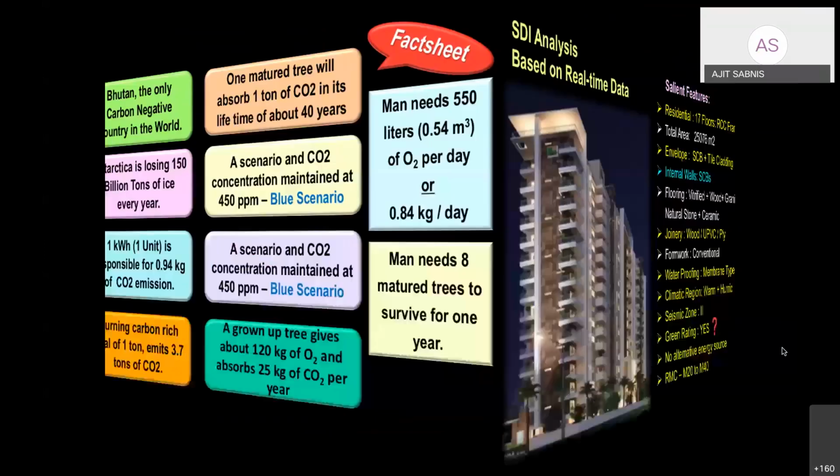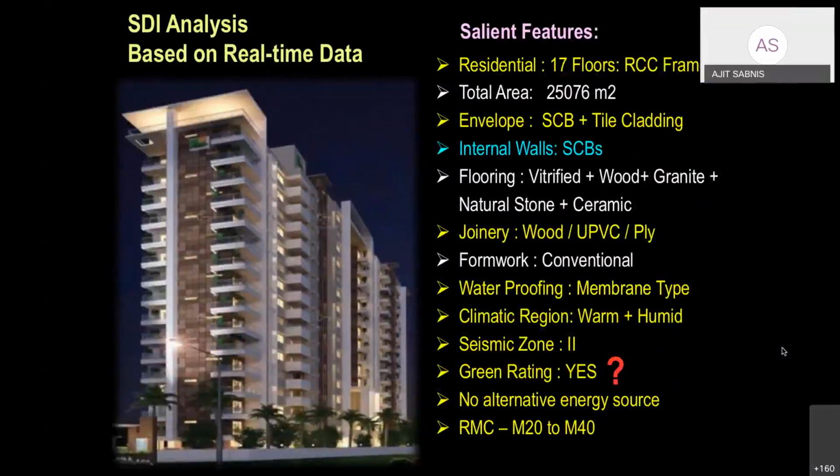So now we have the benchmark values completely with us. Now let us come to how we analyze a building. This is a scenario, I think one of the buildings taken from Bangalore itself.